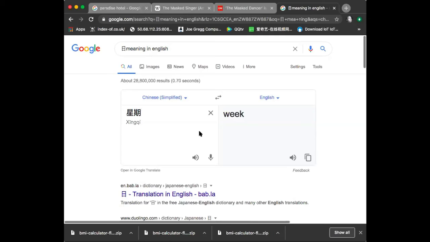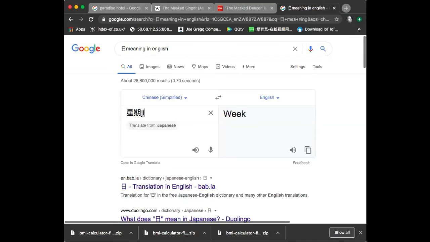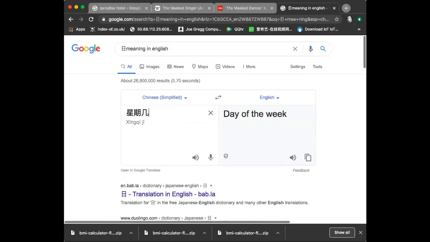That's a week, right? And a week has 7 days. So we're saying 星期 and then we go 几, which you said is the word for how many or how much. So 星期几.